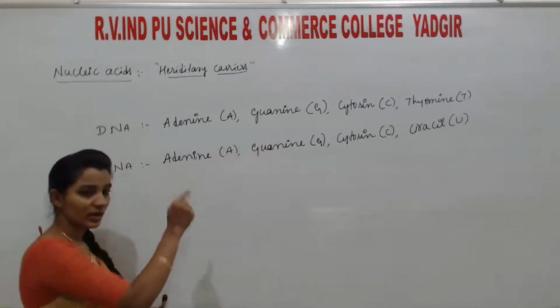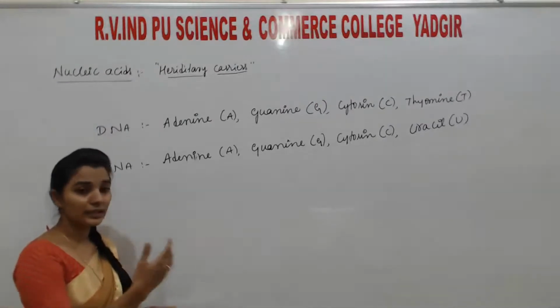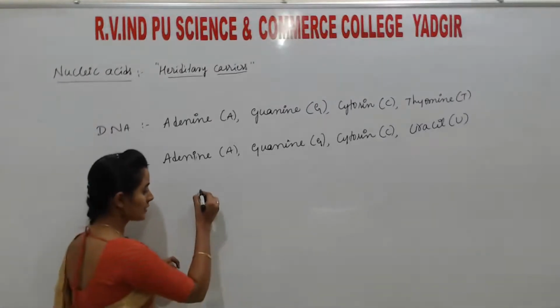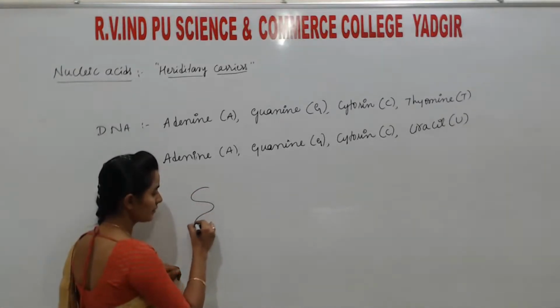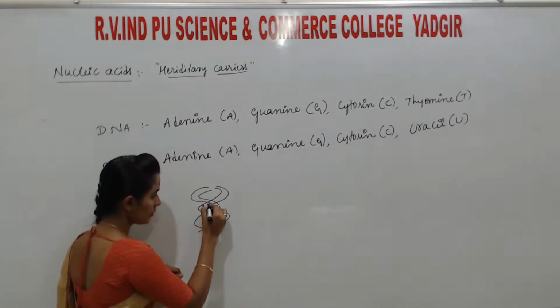These decide the hereditary character of the human beings. Okay, so the DNA model is like this, the double helix model. Here the nitrogen bases are going to be coding.